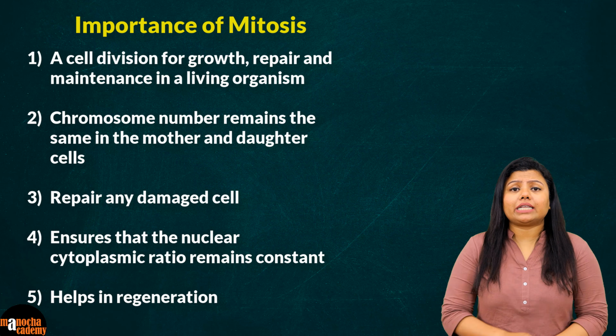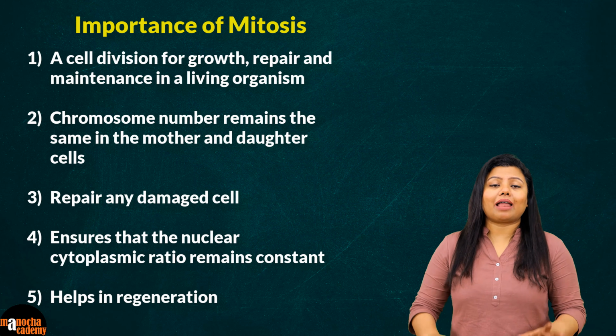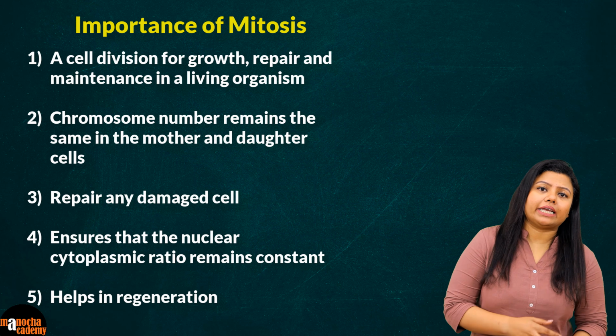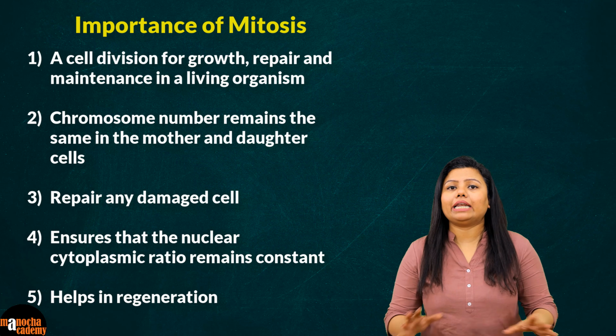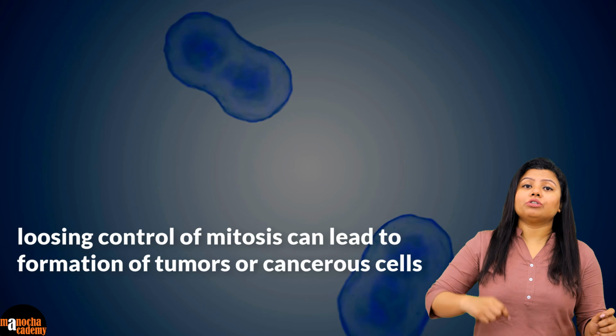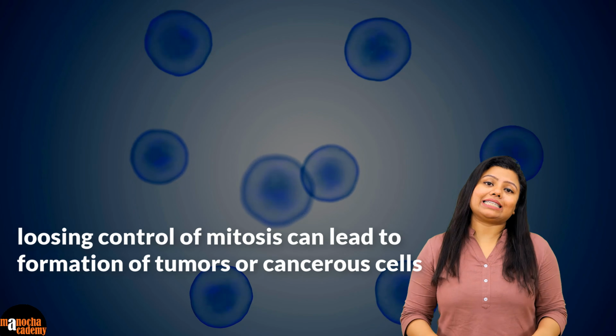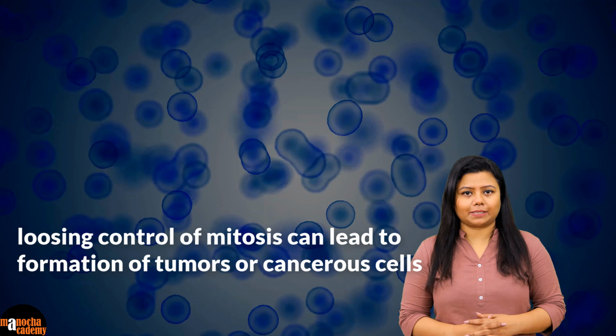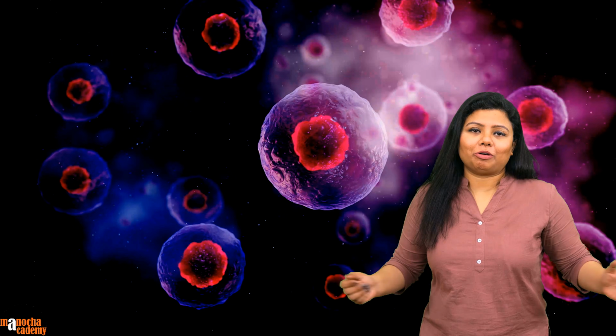Therefore, mitosis is extremely important, and without mitosis, we will not grow. There will be no maintenance, repair, healing, anything taking place in the body. However, if we lose control on mitosis, that can lead to formation of tumors or cancerous cells. So that was all about mitosis.